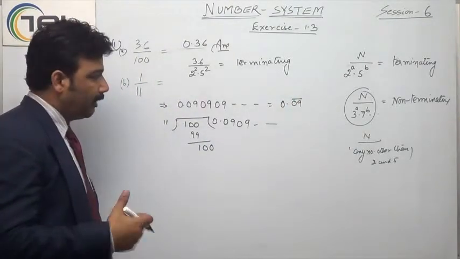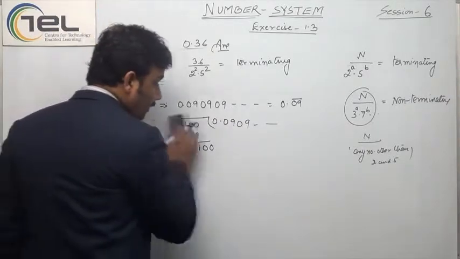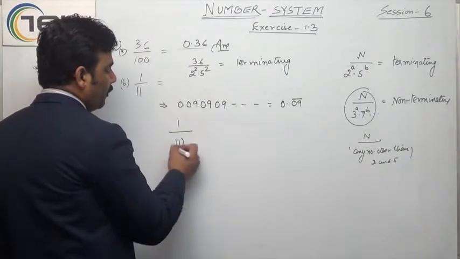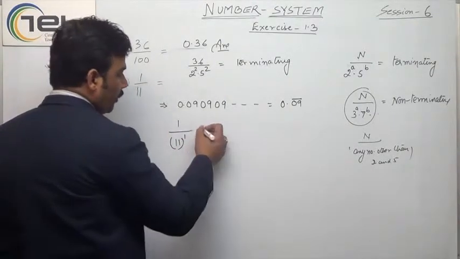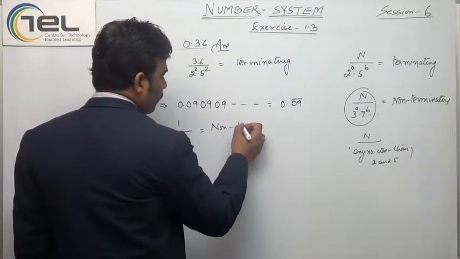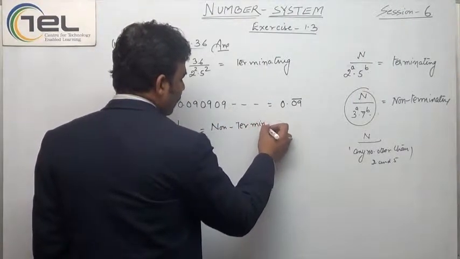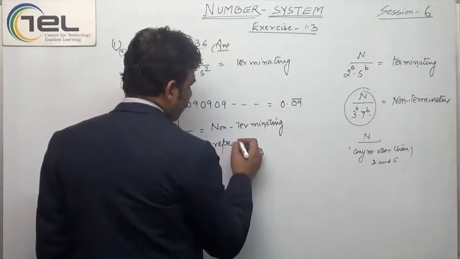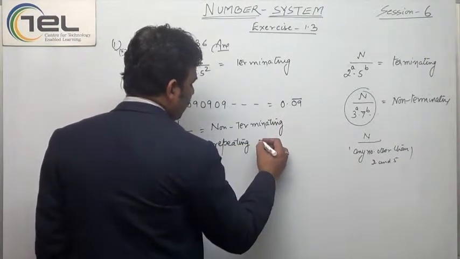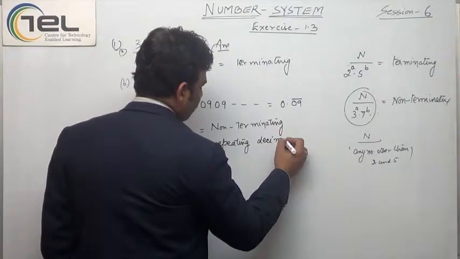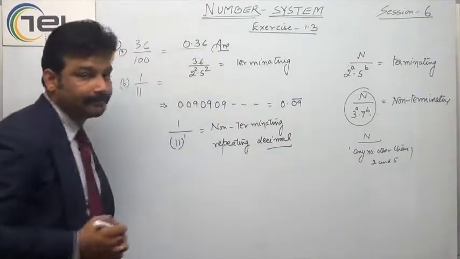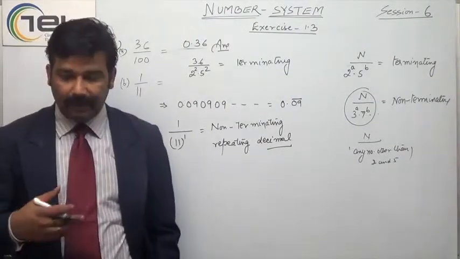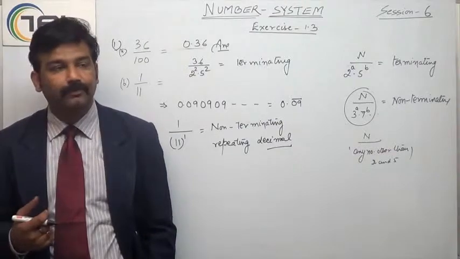It is repeated a number of times, and since the denominator here is 11 raised to the power 1, it is a non-terminating repeating decimal, a recurring decimal.